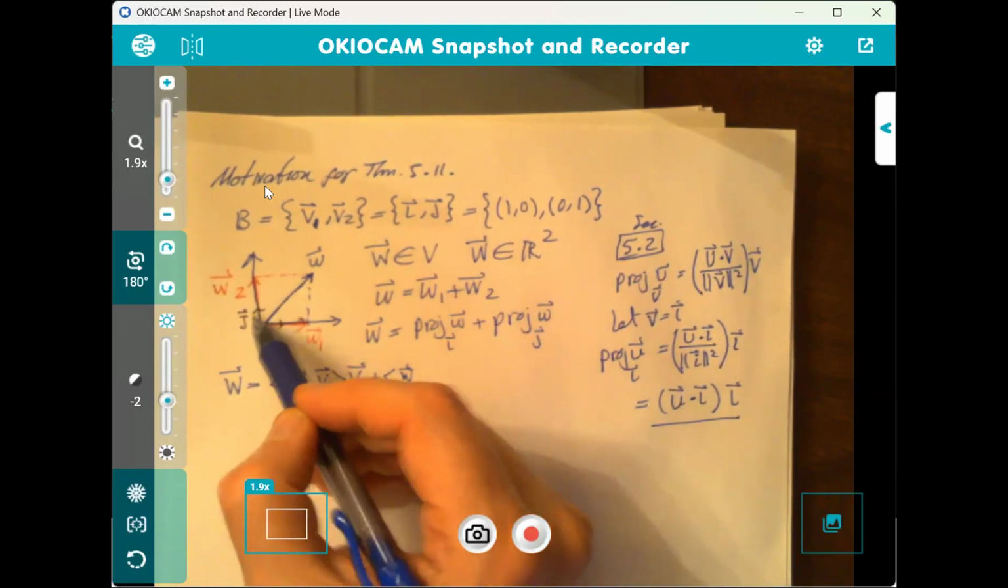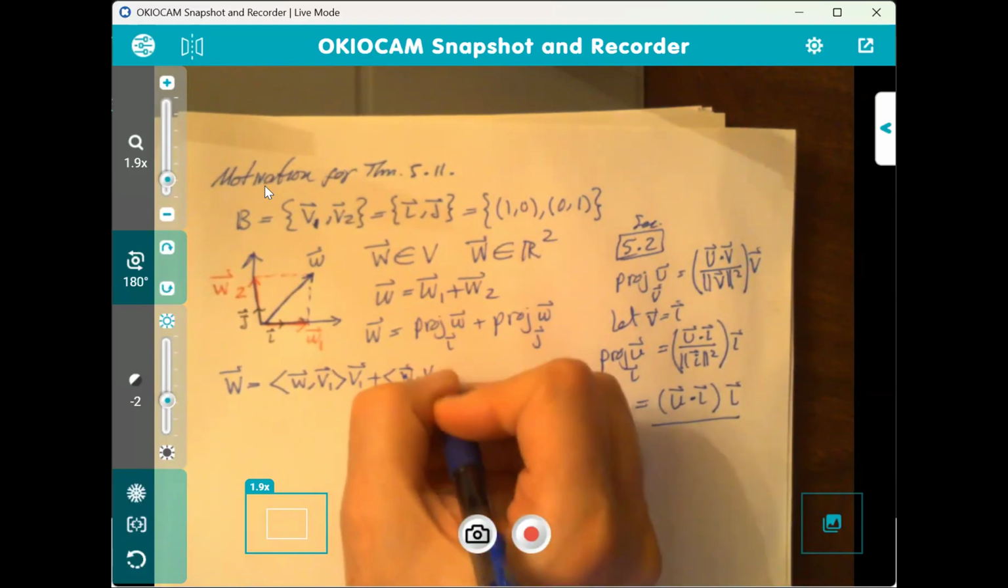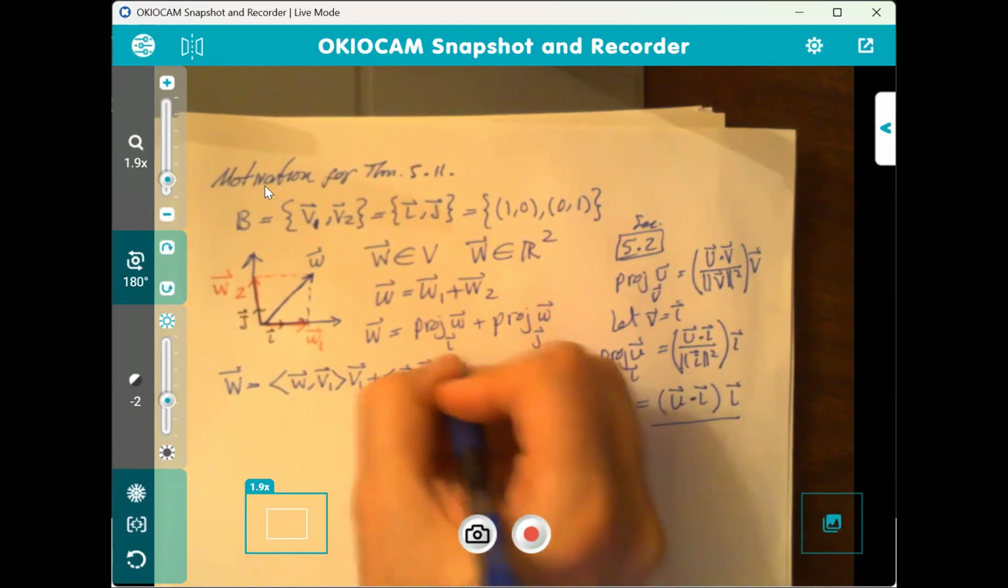Remember, V2 is the j vector, in the direction of V2.